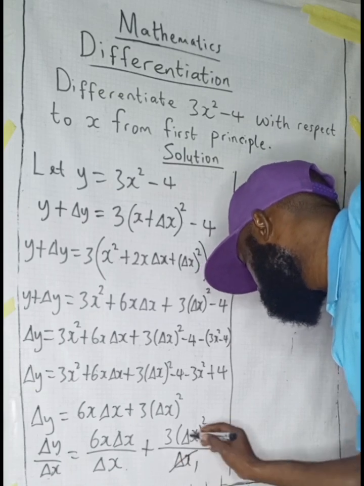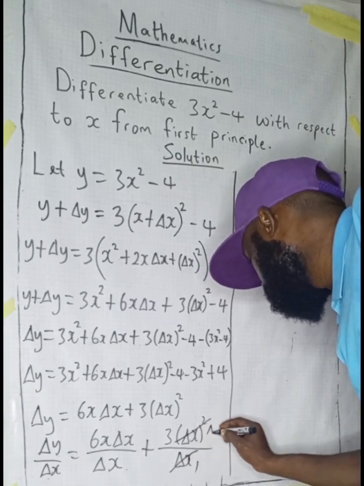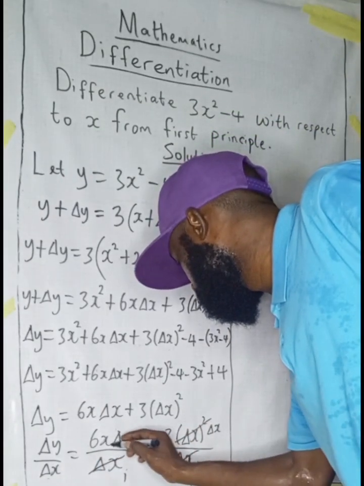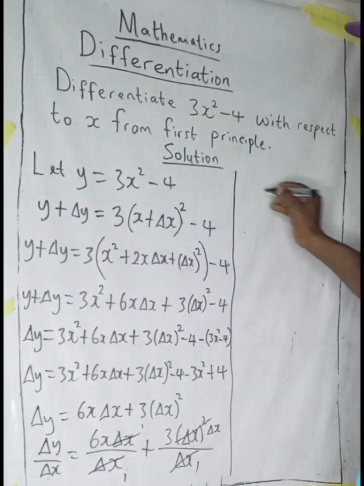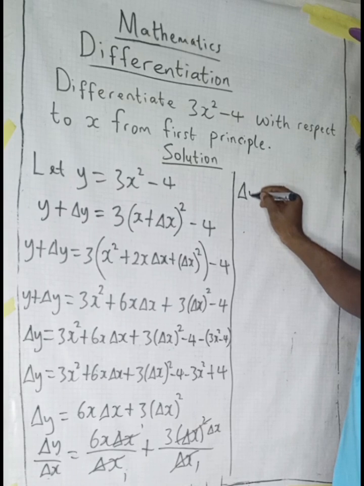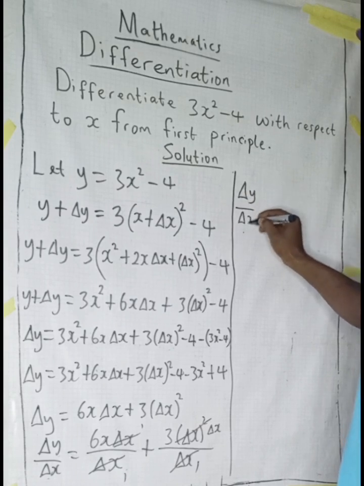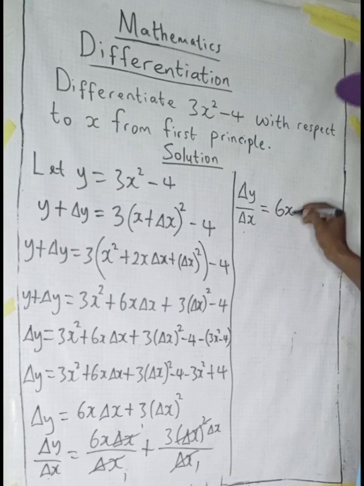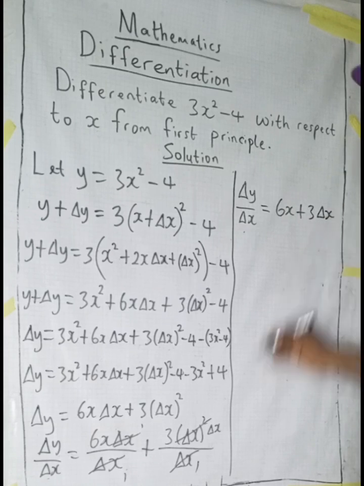So change in x will cancel one change in x here. You have only one change in x here. Change in x here will cancel change in x here. So all you have is that change in y over change in x will simply be 6x plus 3 times change in x. So we're almost done.